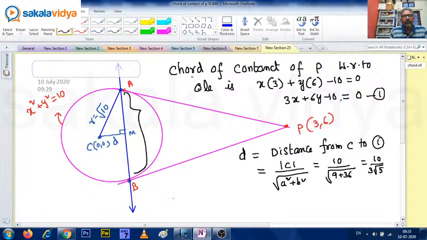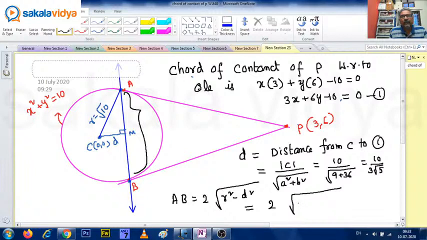AB is equal to 2 times root of r square minus d square. That will be 2 root of 10 minus 100 by 45, which is 2 times root of 350 by 45, that is 70 by 9.